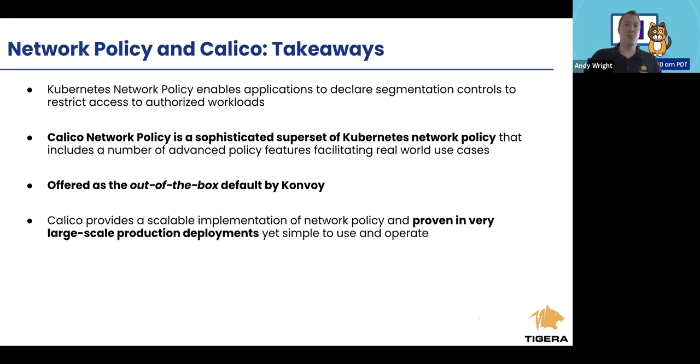And Calico is a superset of Kubernetes network policy that adds a lot of flexibility that's typically going to be required as you become more advanced and have more workloads running. Kubernetes network policy is a little bit more brittle, and Calico is something you can trust to be there anywhere you go.